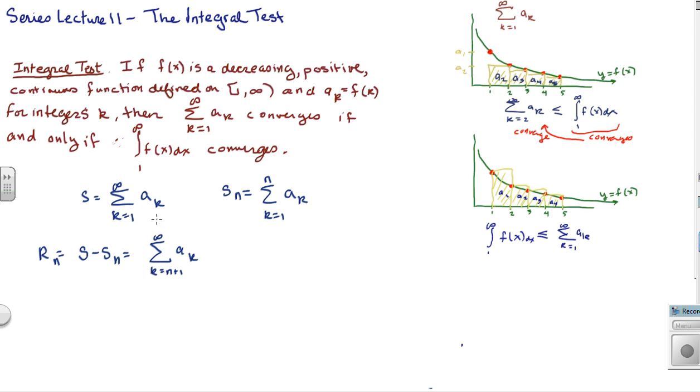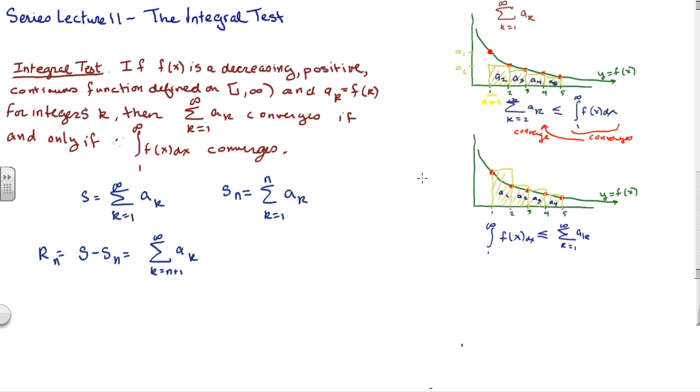And what am I doing when I subtract Sn? I'm just taking off the first n terms, and I'm left with the sequence from n plus 1 to infinity. Now, the fact that I started at 1 is sort of irrelevant. I could have started at n plus 1 as well, or at n.